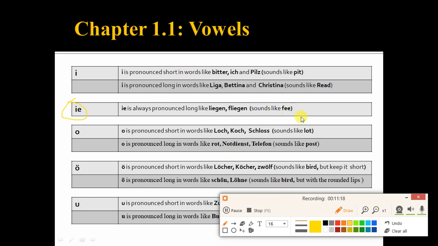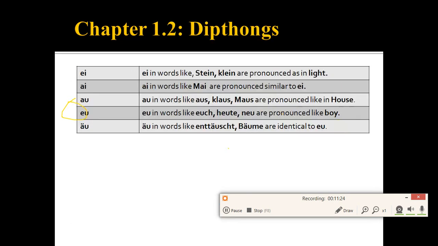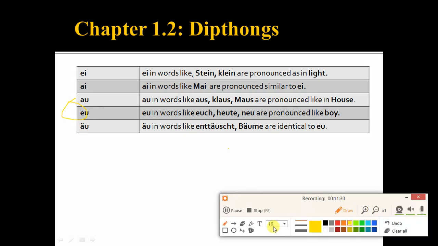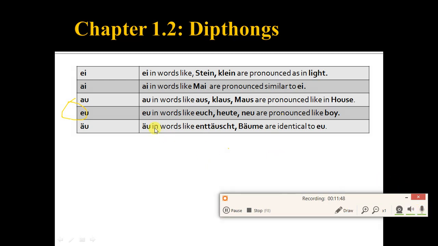Now this sound is like fee, liegen. But when I have EI, that's not IE, that's my EI. It is always pronounced as I. It's never going to be E. Like Stein, Klein, and we have very similar pronunciation in light, fight, right. That vowel is going to carry ein.